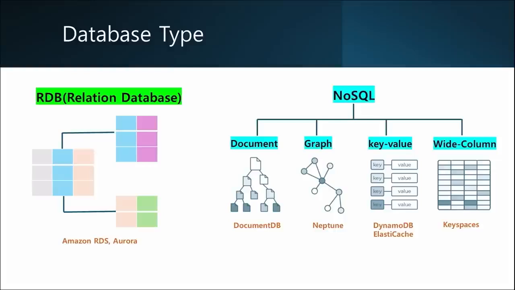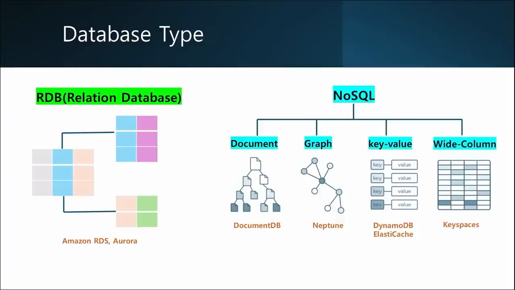Next is NoSQL. NoSQL has a more flexible schema structure compared to relational databases. NoSQL has databases in document, graph, key value, and wide column formats. First, a document database is a database that can use documents such as JSON or XML as a database. Among AWS services, services such as DocumentDB can support document databases. Also, a graph database has strengths in representing relationships.